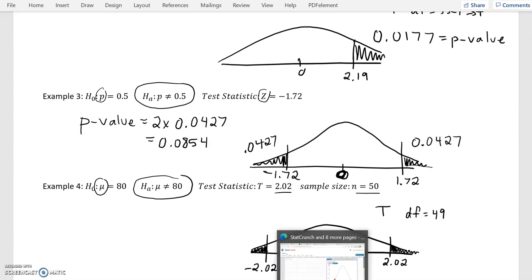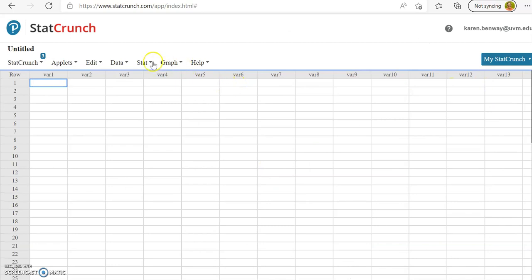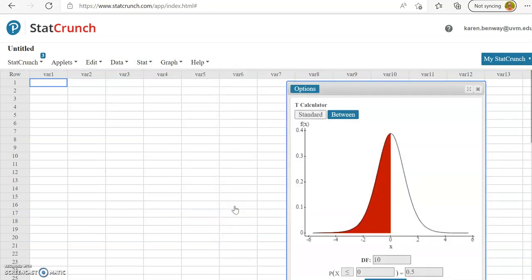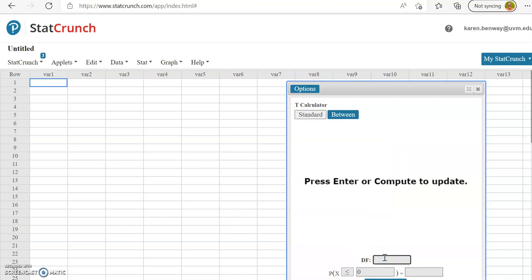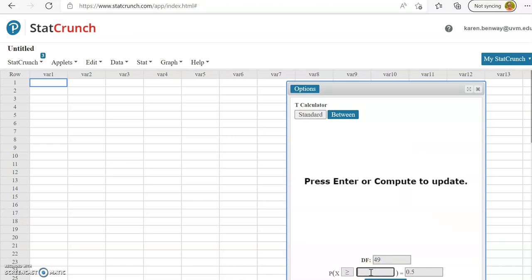So, again, stat crunching. I need my calculator for the t-distribution. I'm going to change my degrees of freedom to be 49 degrees of freedom. I'm going to find the area. I'll go with the right tail, beyond 2.02, that was our test statistic.